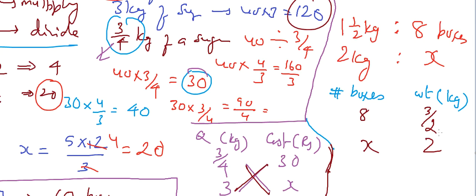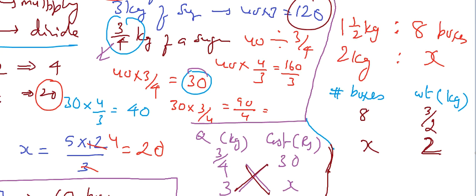Because the weight of each box is more, the quantity is more, so obviously the cost is more, so you will be able to buy only fewer boxes, correct.